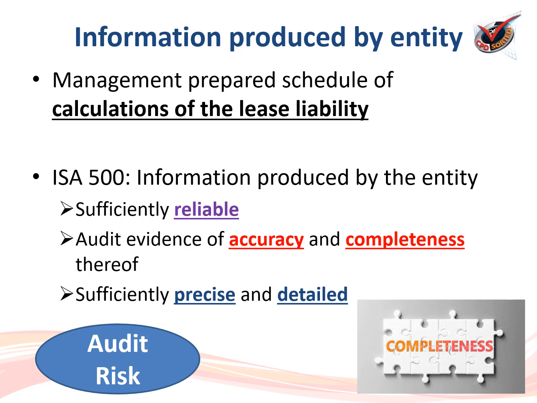ISA 500 says that where information is produced by the entity, the auditor is required to carry out procedures to ensure that that information is sufficiently reliable. So one would need to verify the lease payments to corresponding contracts, etc.